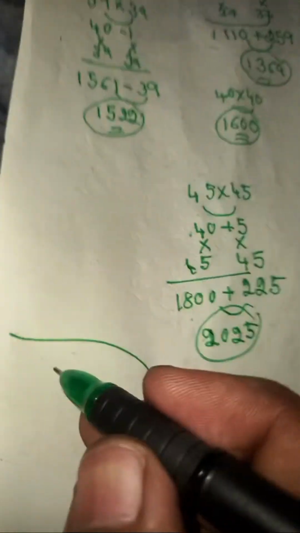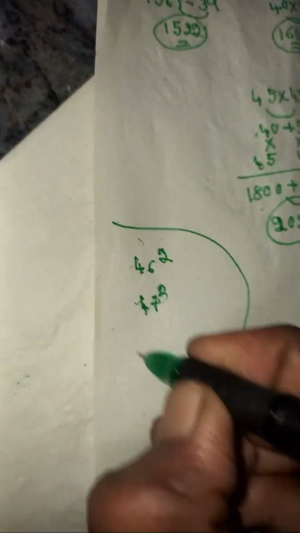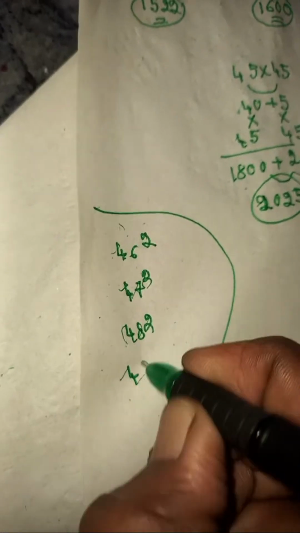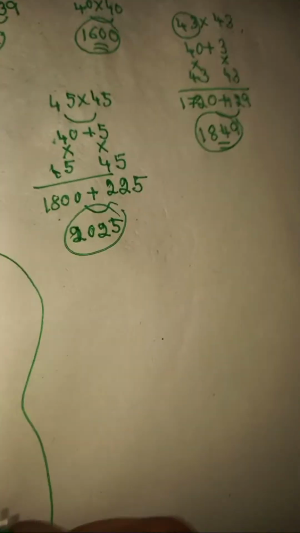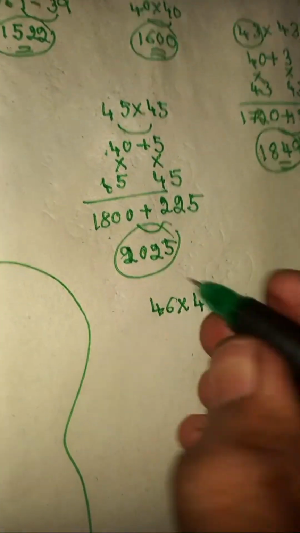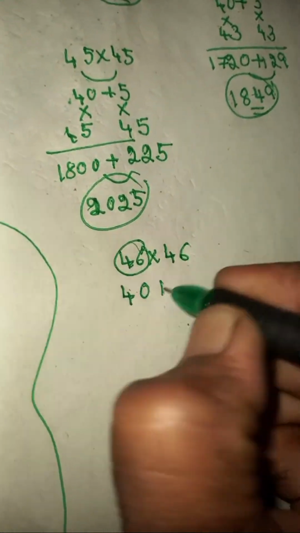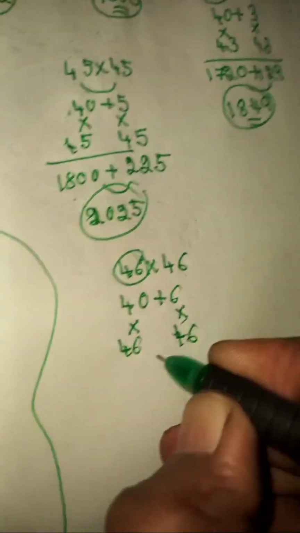And now you can do it like this: 46 square, 47 square, 48 square, 49 square, and 50 square. Let's do this. 46 square you can write as 46 times 46. This 46 is 40 plus 6, times 46.